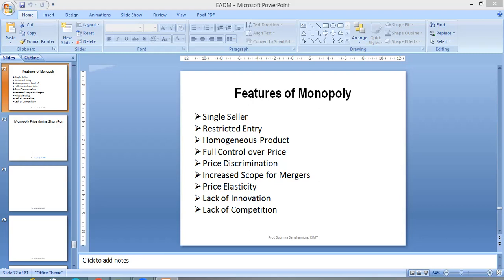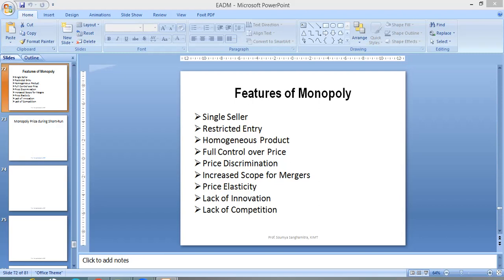Then price discrimination. It can be defined as the practice by the seller of charging different prices from different buyers for the same goods or services. A monopolist has the leverage to carry out price discrimination as he is the market and acts as per his suitability.